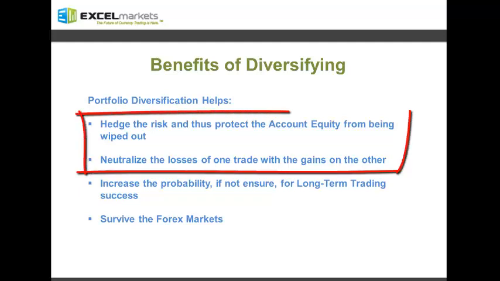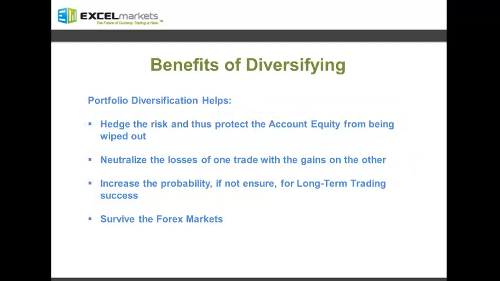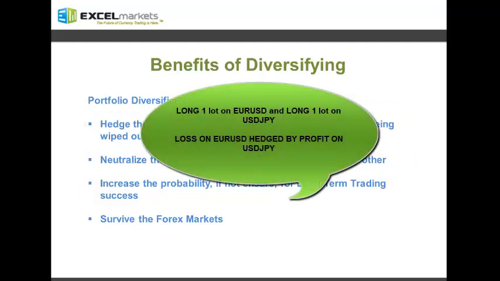Portfolio diversification helps to hedge the risk and thus protect the account equity from being completely wiped out. It neutralizes the loss of one trade with the gains of another. For instance, let's say you have a long position on one lot for euro-dollar and one long position on dollar-yen.